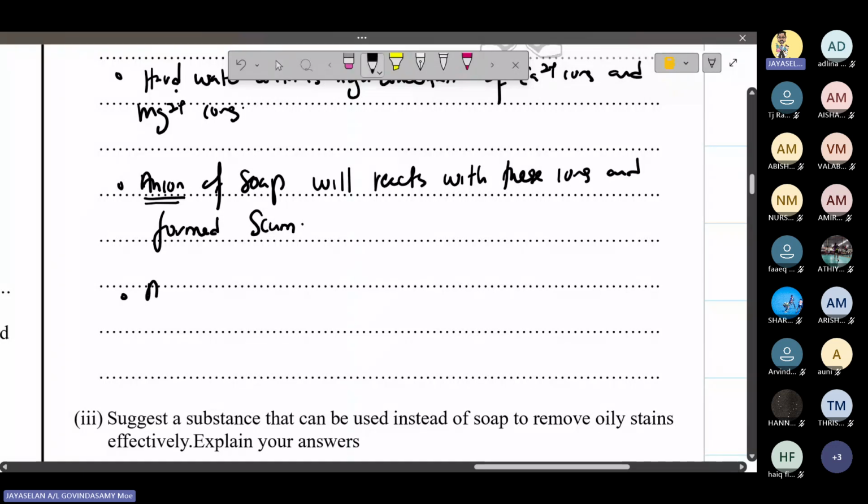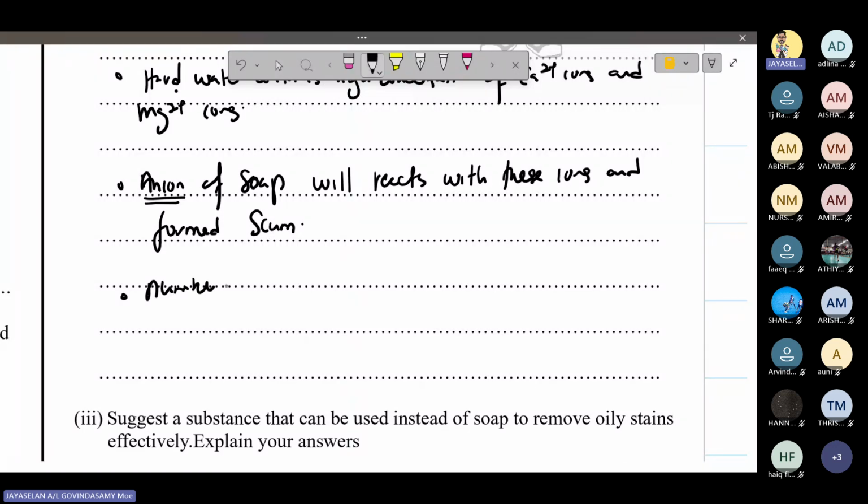Next point, the number of anions of soap becomes less because they form insoluble salt, right? They form precipitate.